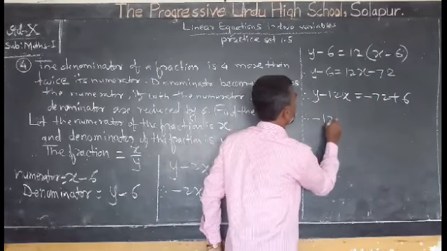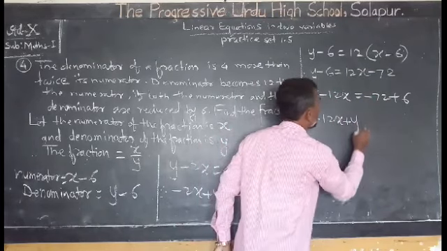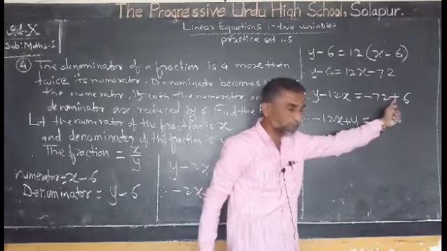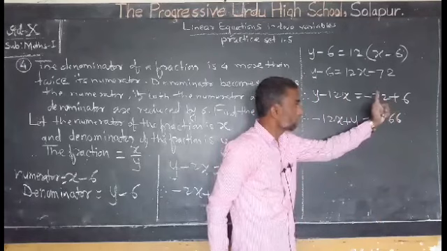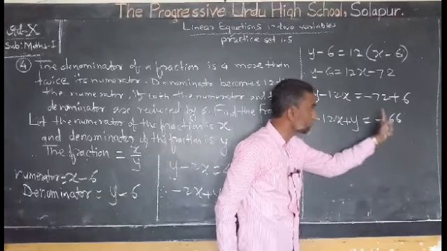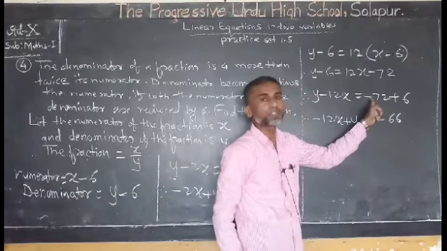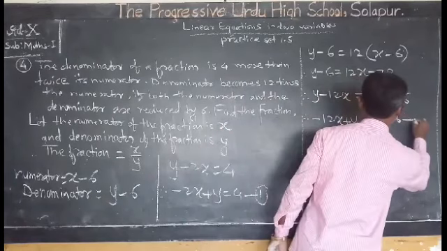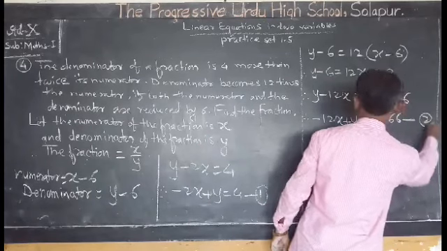Therefore, minus 12x plus y is equal to minus 66. Signs are different. Do the subtraction. 72 minus 6, 66. Give the sign of greater number, which is minus. Now, this is equation number 2.